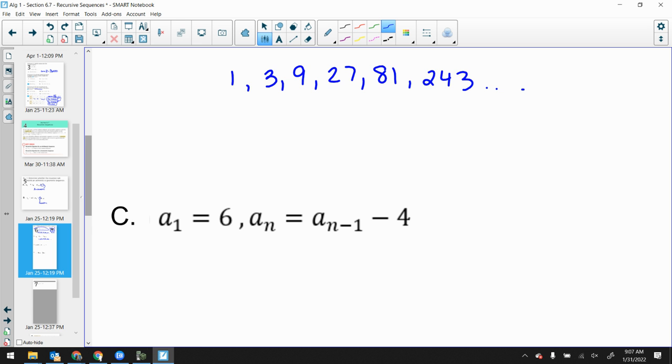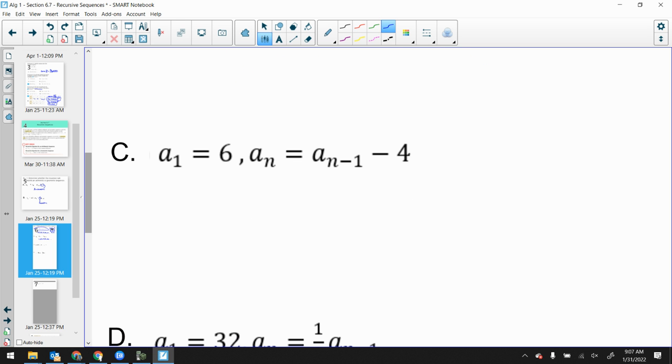So I start at 6, and then I just keep subtracting 4. So 2, negative 2, negative 6, negative 10, negative 14.